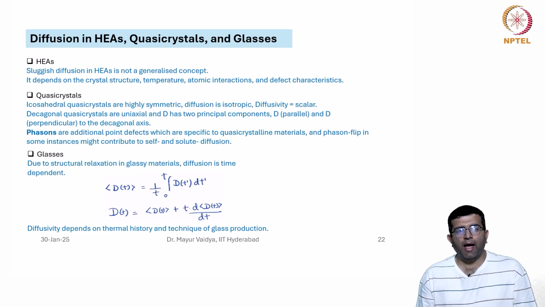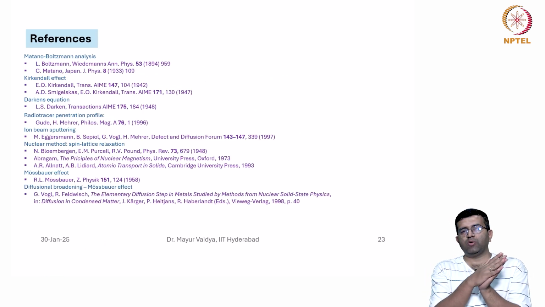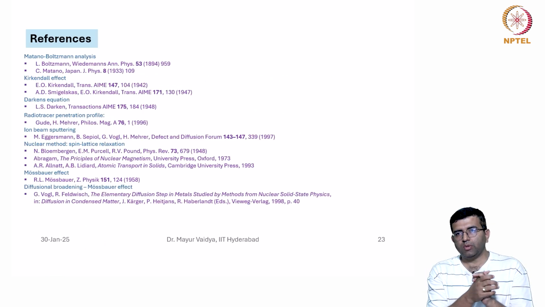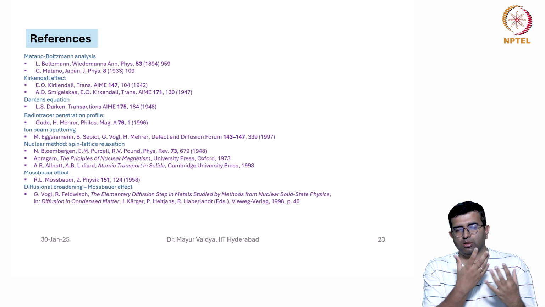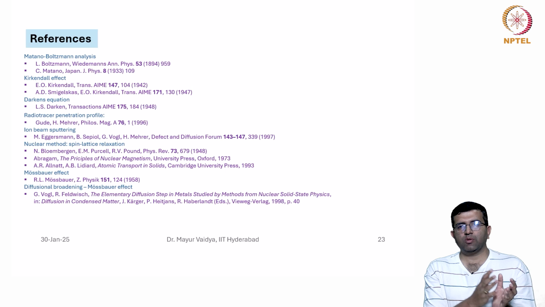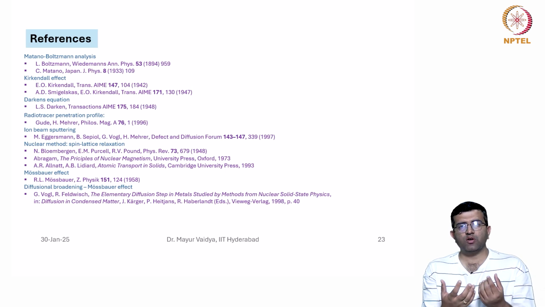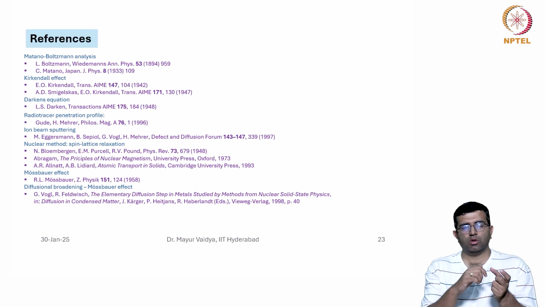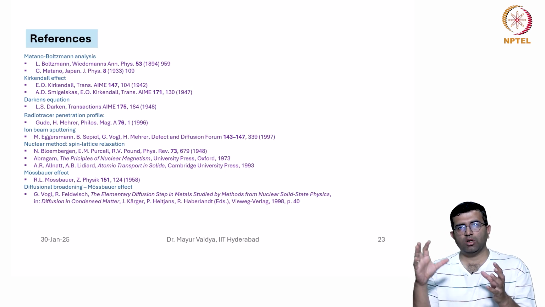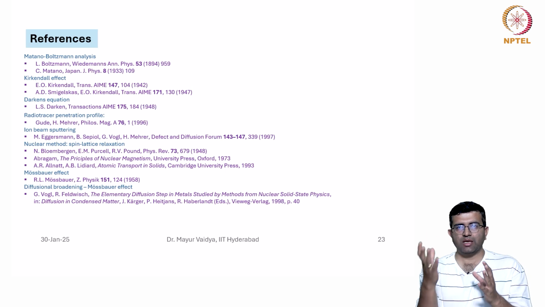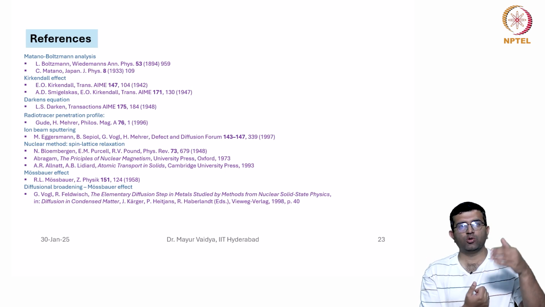So, at various points of time, especially when we were talking about some of the important concepts, as well as when we were talking about the diffusion in several classes of materials, we gave certain examples. Sometimes we only showed the concept by schematics, but what I strongly suggest to you is you can actually go to these papers.